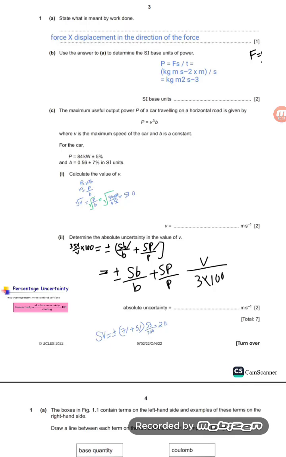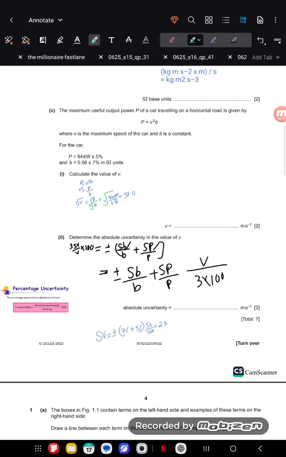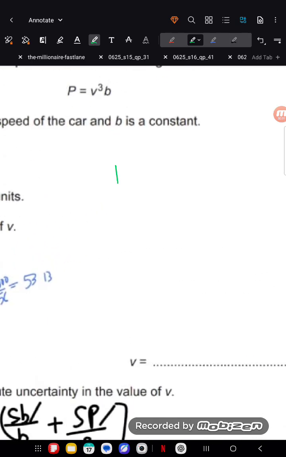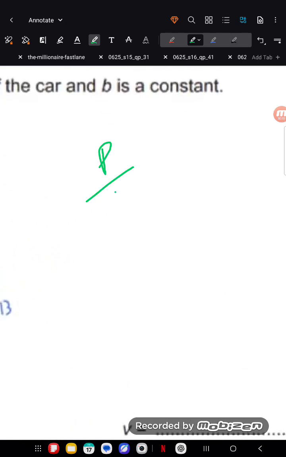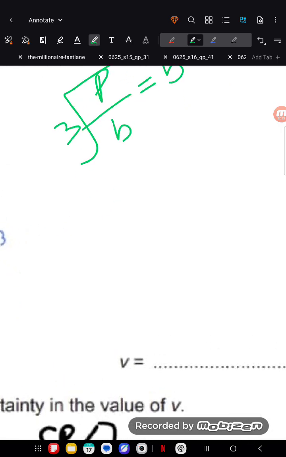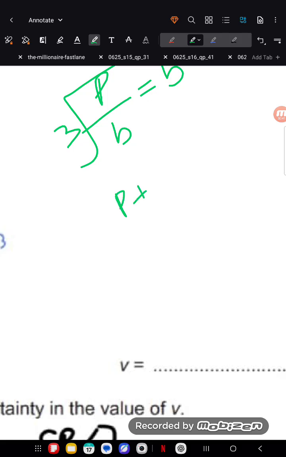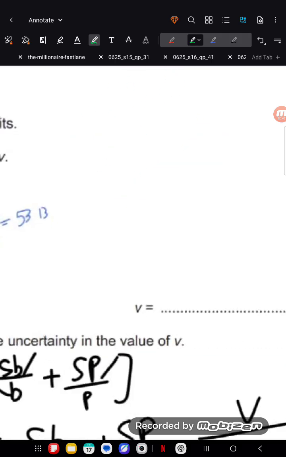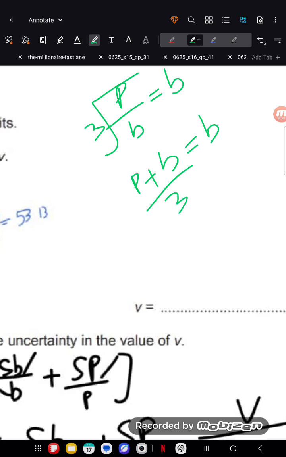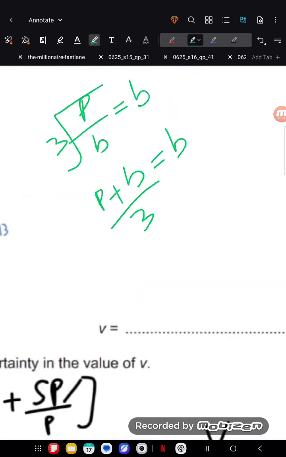This question, here you are finding V. So here you can see you are finding V in this question, so don't get confused. So this will be like this, right? Cube root. So here, when you have a cube root, you have to do P plus V, and whatever answer you are getting, you have to divide with 3, right, for the percentage uncertainty.